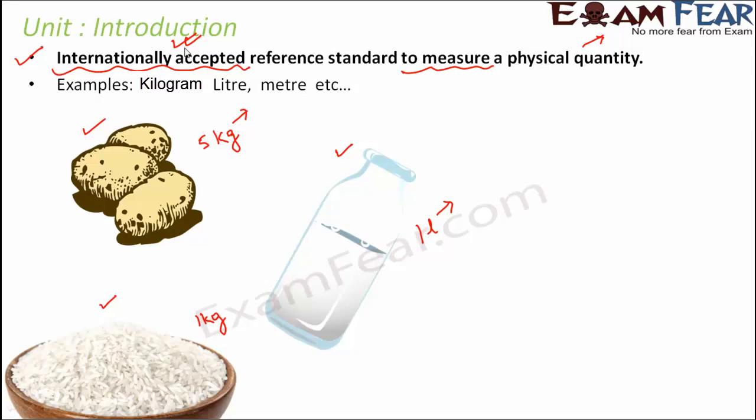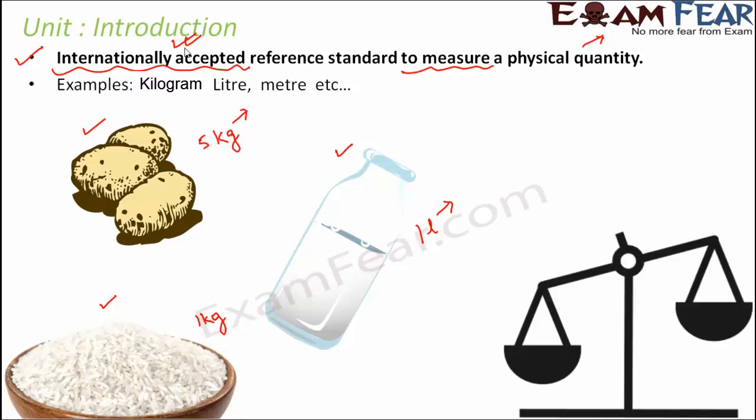So therefore, liter has to be an internationally accepted unit so that people throughout the world know how much 1 liter is. So that is why it is important that units are internationally accepted reference standards, so that 10 kg rice should mean the same quantity in India, US, Europe and everywhere throughout the world.